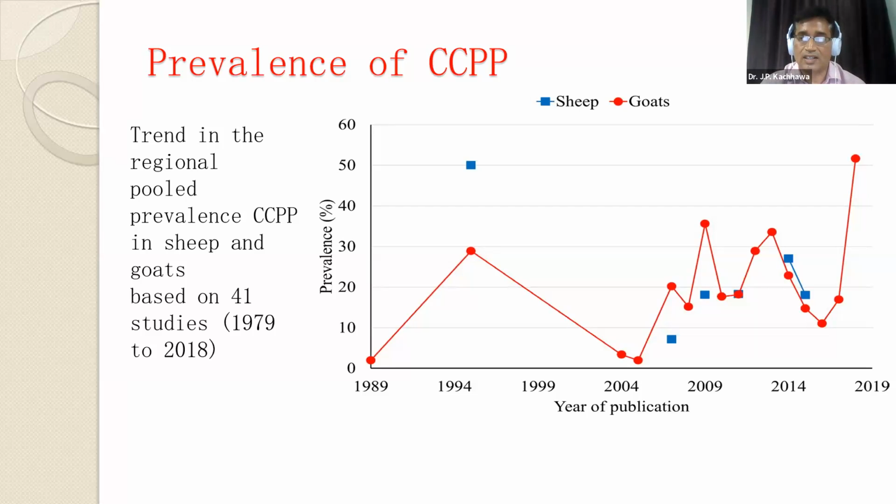So here is the trend of the prevalence. This prevalence trend is based on several studies, including 41 studies.